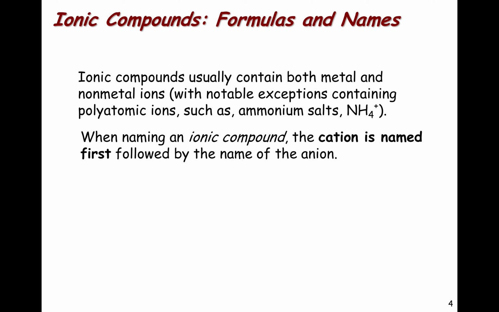In some cases, you want to be able to name that ionic compound, so you would always go about naming the cation first, and then you would name the anion.